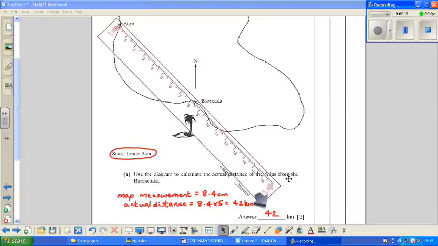So when we put a ruler between the Atlas and the Barracuda, we can see the distance measured there is 8.4, and of course that's 8.4 centimeters, but we know each centimeter is actually 5 kilometers actual distance, so we need to multiply 8.4 by 5 to get the actual distance on the ground, and that distance then is 42 kilometers. So our answer is 42.